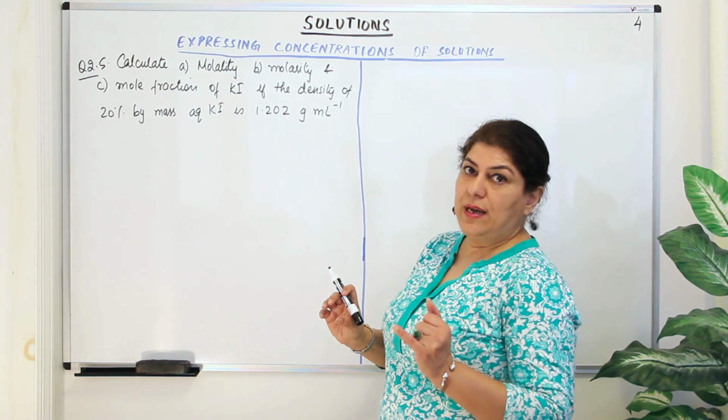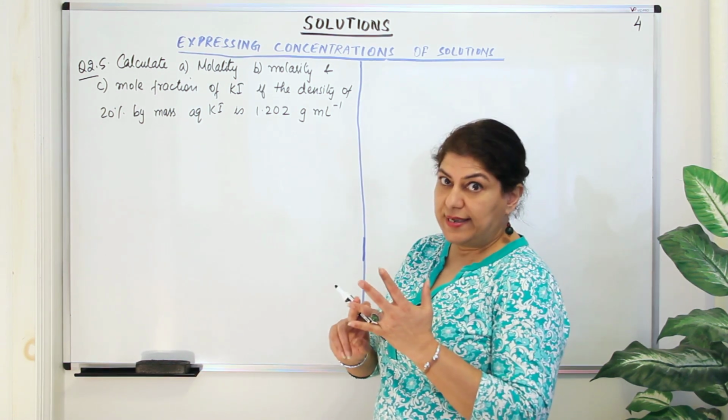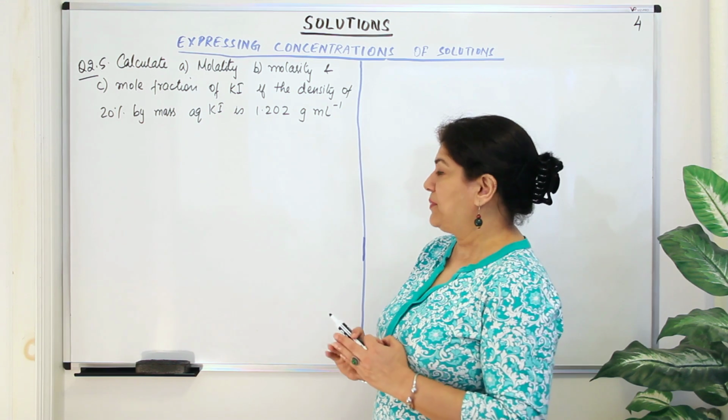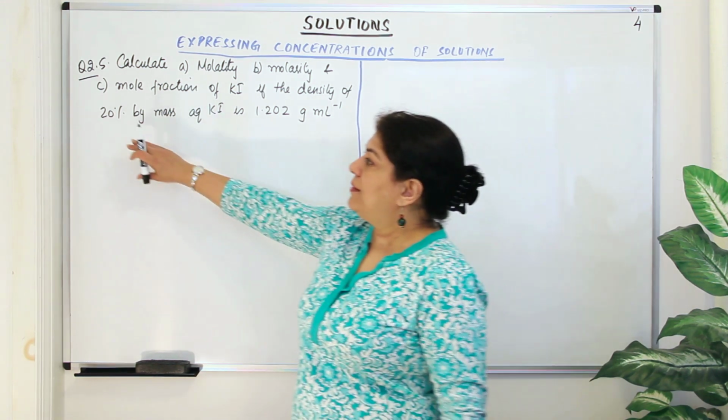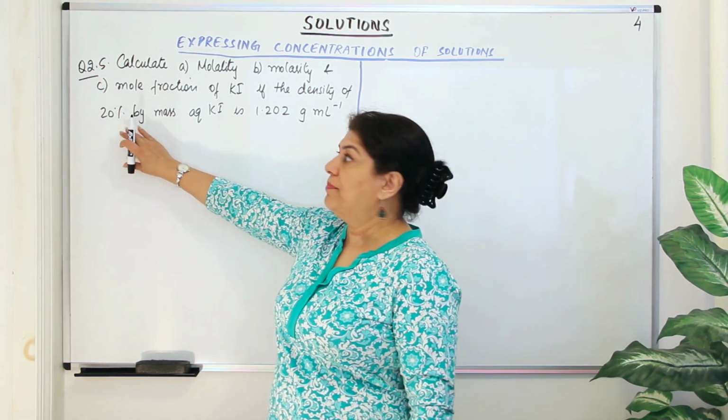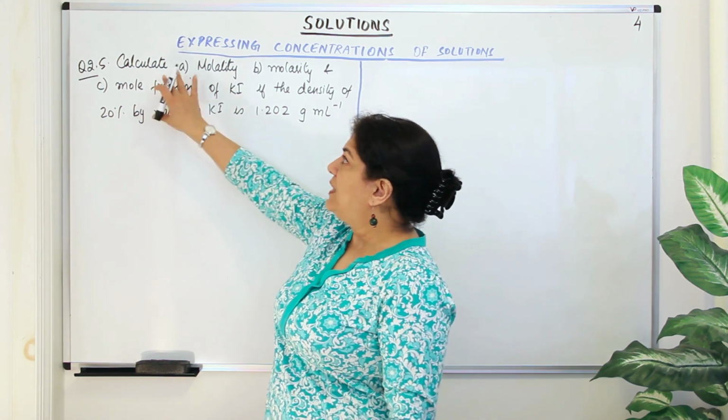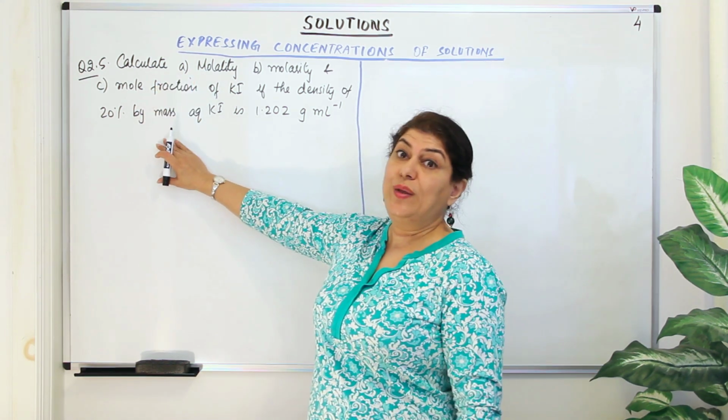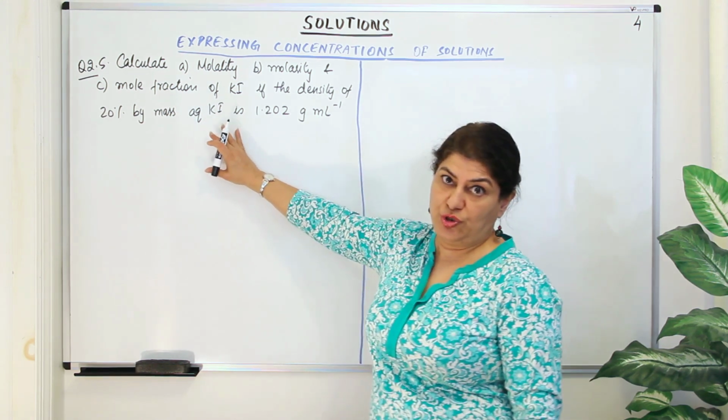Now you have to find out the molality, molarity and mole fraction. So there are 3 steps. We've been given the mass is 20% mass by mass ratio. The solute is potassium iodide and the solvent is water because it is an aqueous solution.